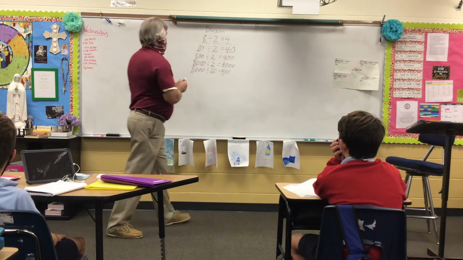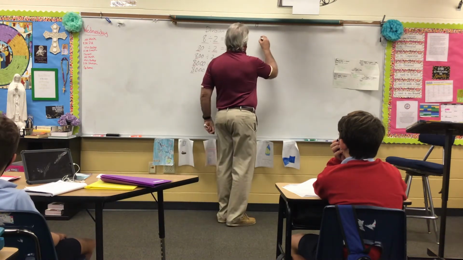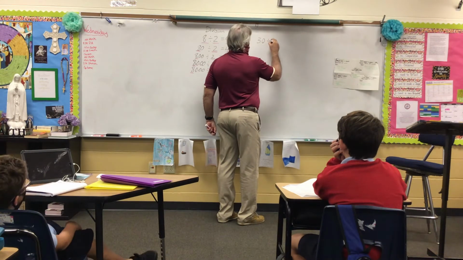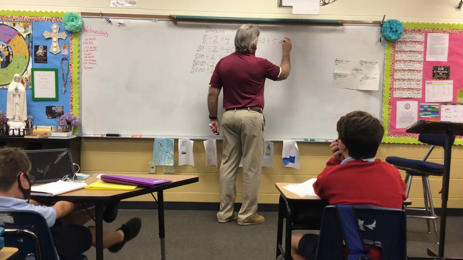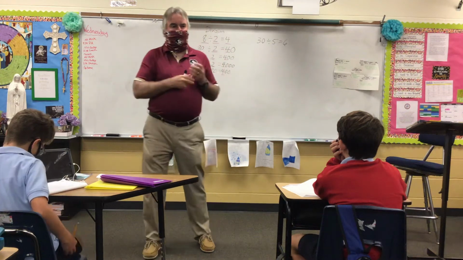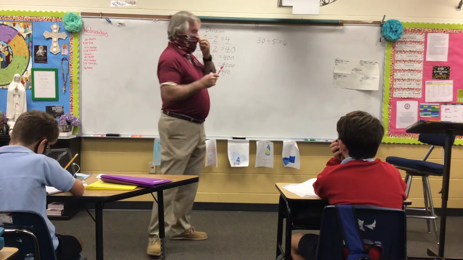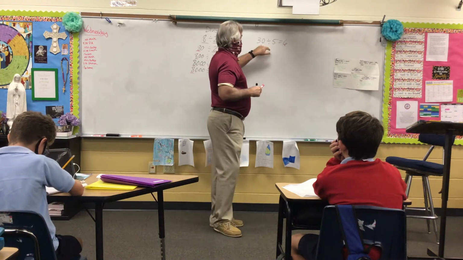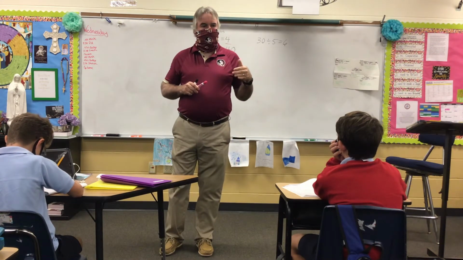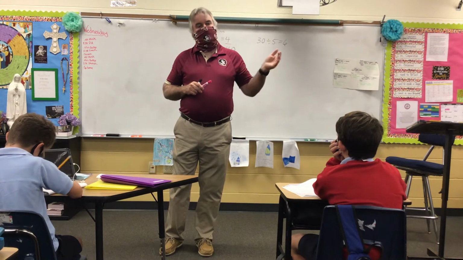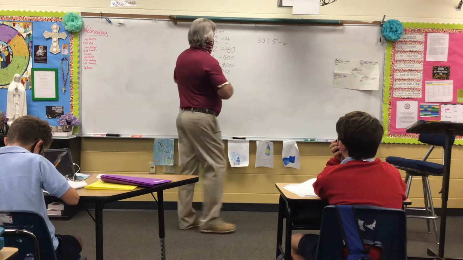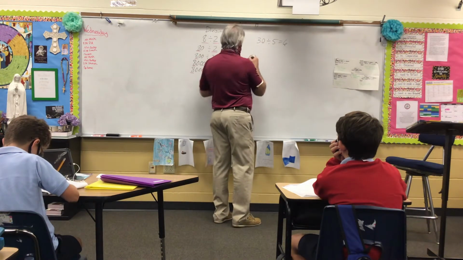The one that throws you off is any of the 5s. Any of the fives. The reason why I'm saying any of the fives is because you will have 40 divided by 5, 30 divided by 5, 20 divided by 5, 50 divided by 5, and you already have a 0 in there, okay?